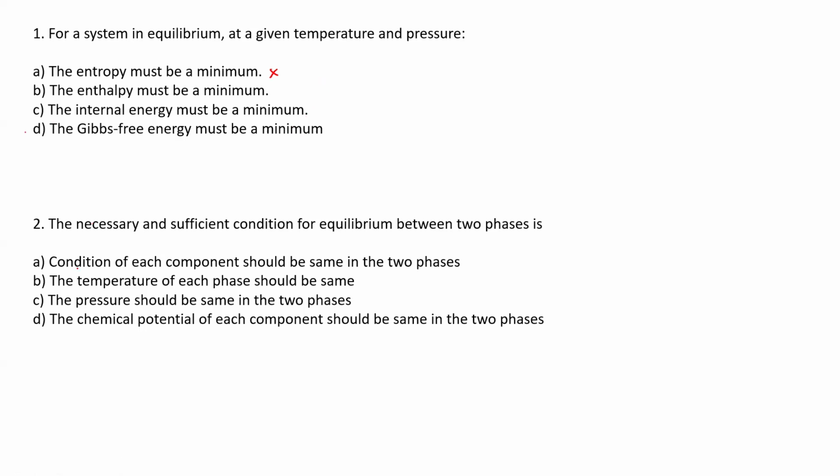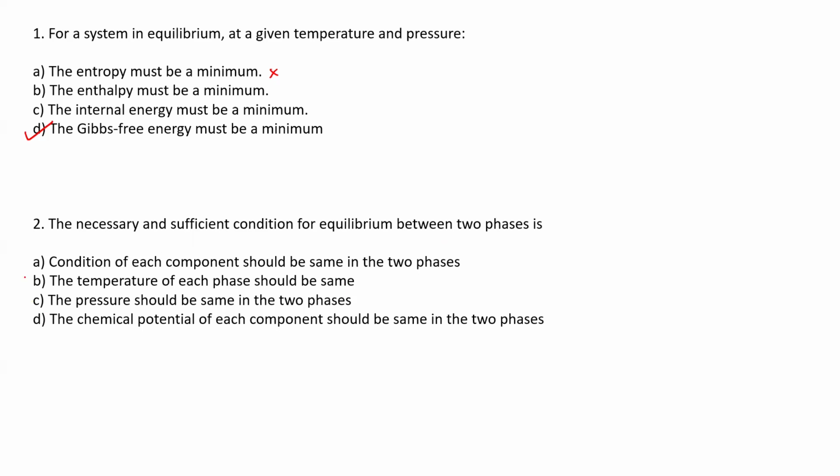The necessary and sufficient condition for equilibrium between two phases is that the chemical potential of each component should be the same in the two phases. The temperature of each phase should be the same.